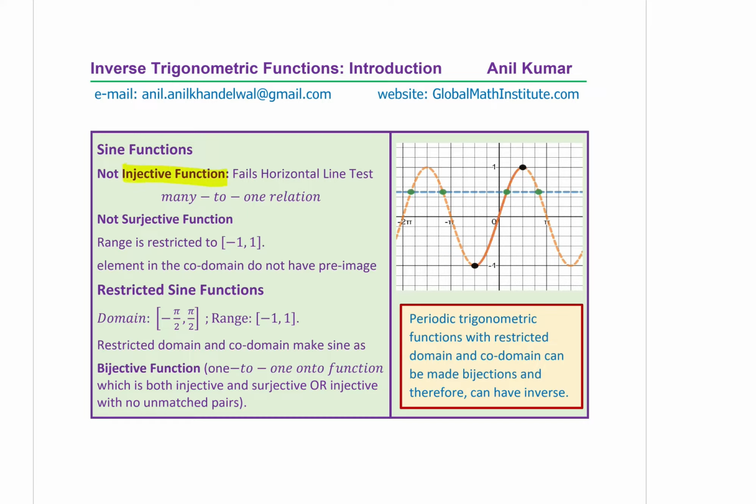Now we are saying that the sine function is not an injective function since it fails the horizontal line test. As you have seen here, if I draw a horizontal line as shown here, it intersects the graph at many points. And that means that if I find the inverse of this function, then that will not be a function itself, since many values can yield one result. So it will not be a function, right?